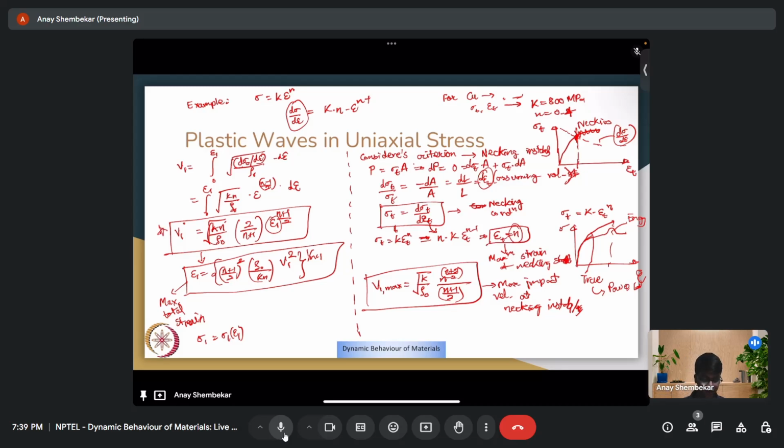So that gives you the maximum permissible velocity. For these sorts of values, you could figure out what the maximum velocity looks like. It would be the square root of 800 times 10 raised to 6. Suppose the density, I'm taking any value, 2700, which typically corresponds to aluminum.